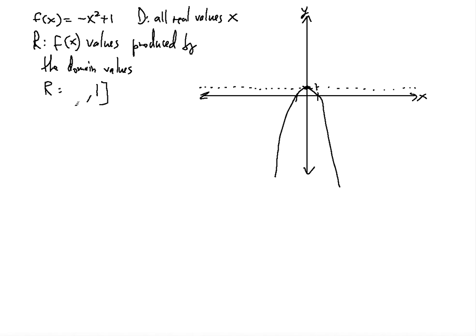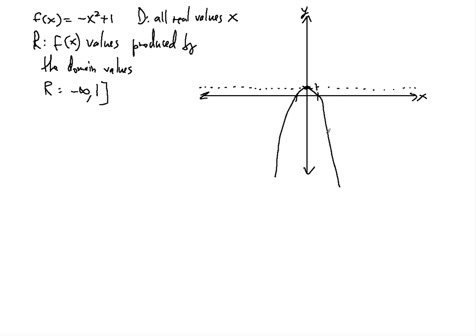And the lower bound, of course, is going to be negative infinity, because as you can see, the y values, the function values, go infinitely down. The parabola keeps expanding as the x values increase forever or decrease forever. It doesn't matter. The y values will decrease forever.